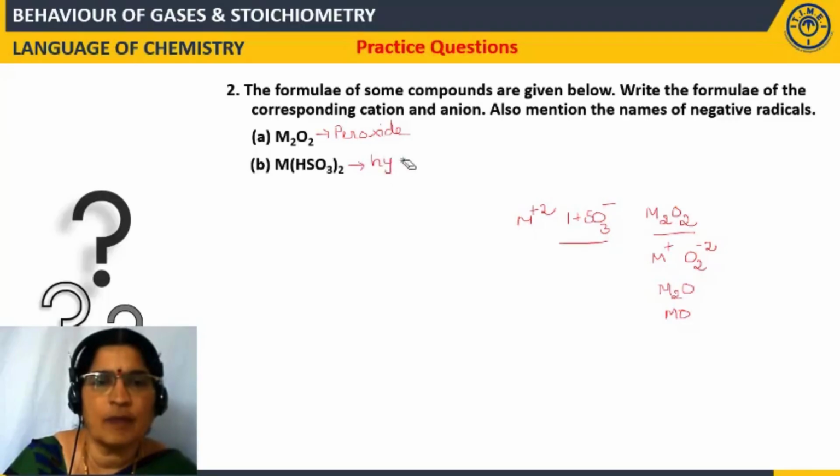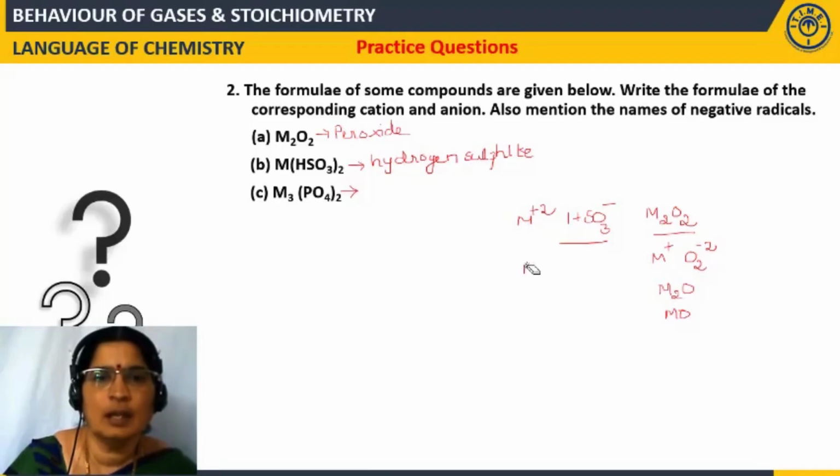Hydrogen sulfite. You also call it bisulfite. M3(PO4)2. This 2 goes here, 3 comes here. Therefore, it should be M plus 2, PO4 minus 3. So, what is the name of the negative radical here? Phosphate.